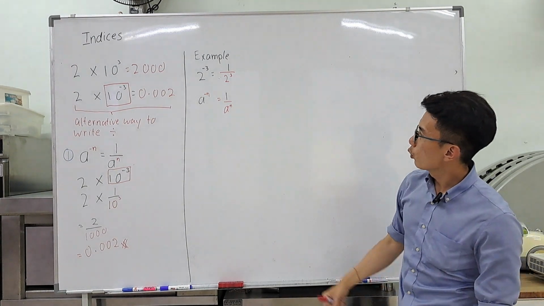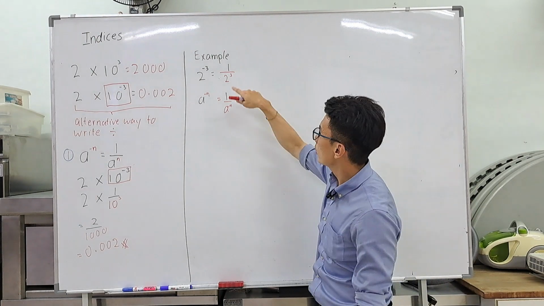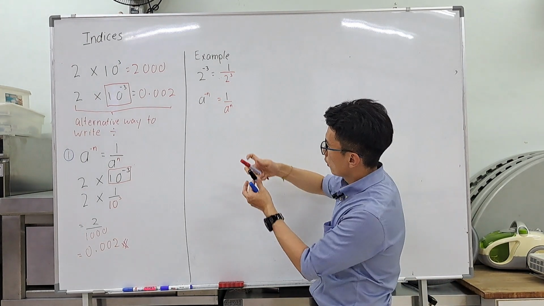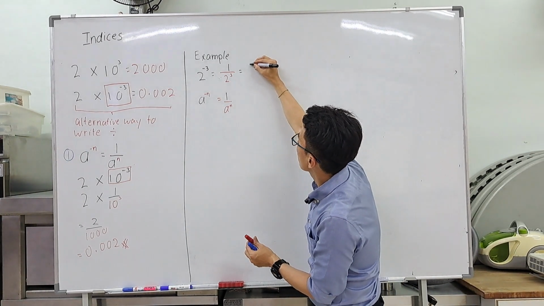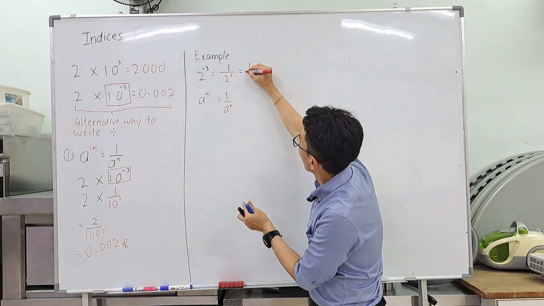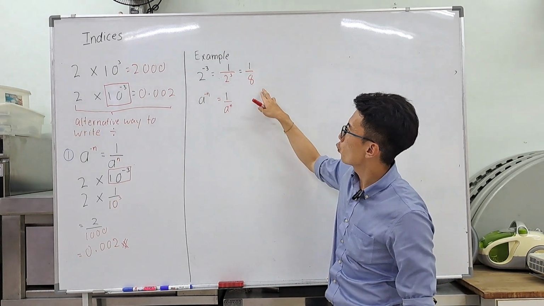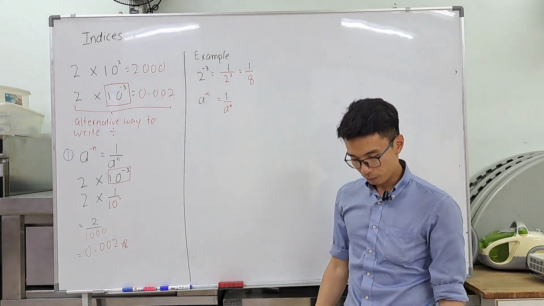So we have directly changed this into a fraction, but we are not done yet. 2 to the power of 3, we can do something with this. We can expand this. So finally, your final answer will be written as 1 over 8. This is how we rewrite this as a fraction.